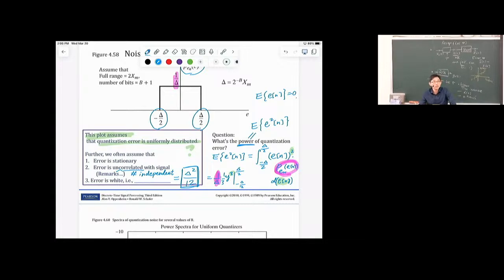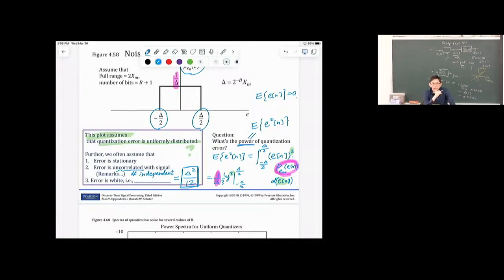Even if the error is uncorrelated with the original signal, that does not imply independence of the quantization error from our signal. Independence implies uncorrelated, but the converse is not true.